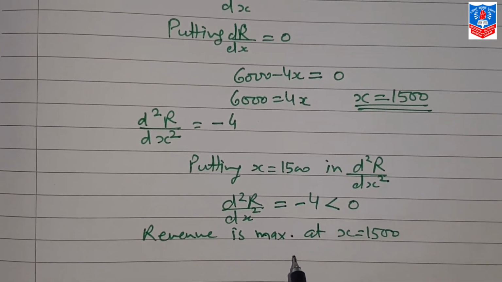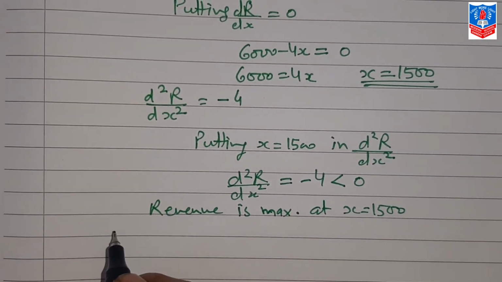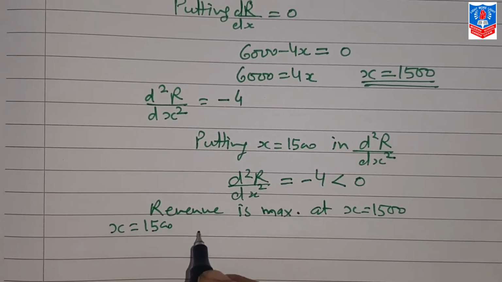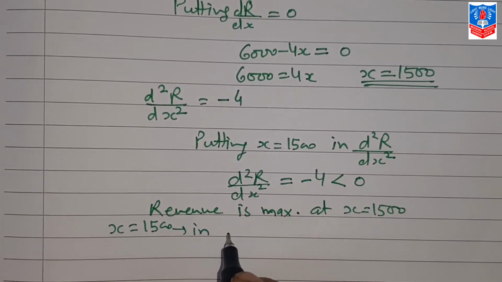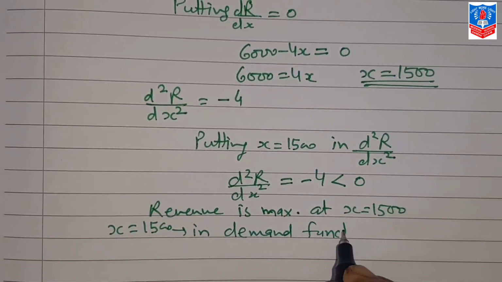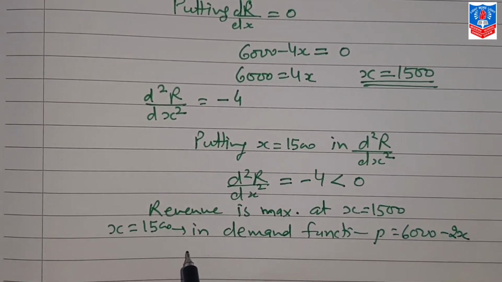Now we will find the corresponding price. So for that, x is equal to 1,500. This value we put in the demand function, that is P is equal to 6000 minus 2x.